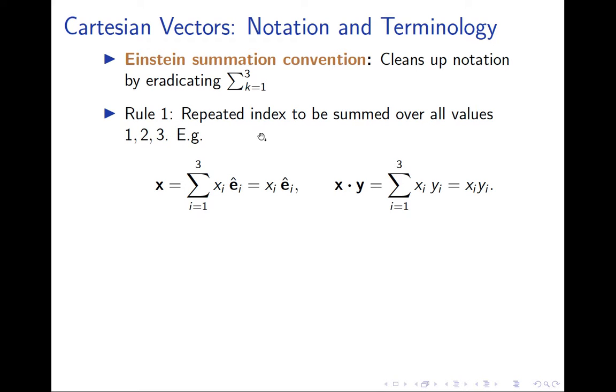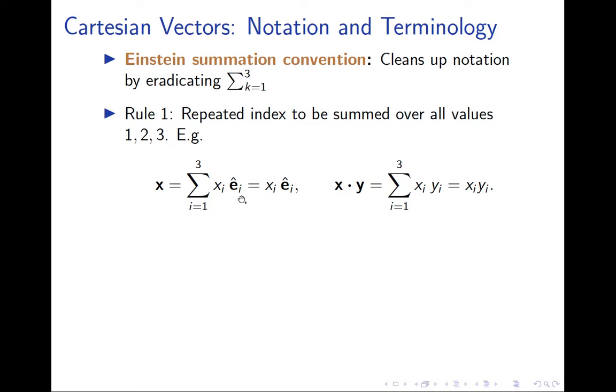Rule 1 is that any index which is repeated is to be summed over all values, 1, 2, and 3. For example, the x vector we resolved in terms of components. It was this component xi times the ei hat basis, and then sum over all the elements of the basis. Now, because i is already repeated, Einstein recommends that you get rid of the summation sign.